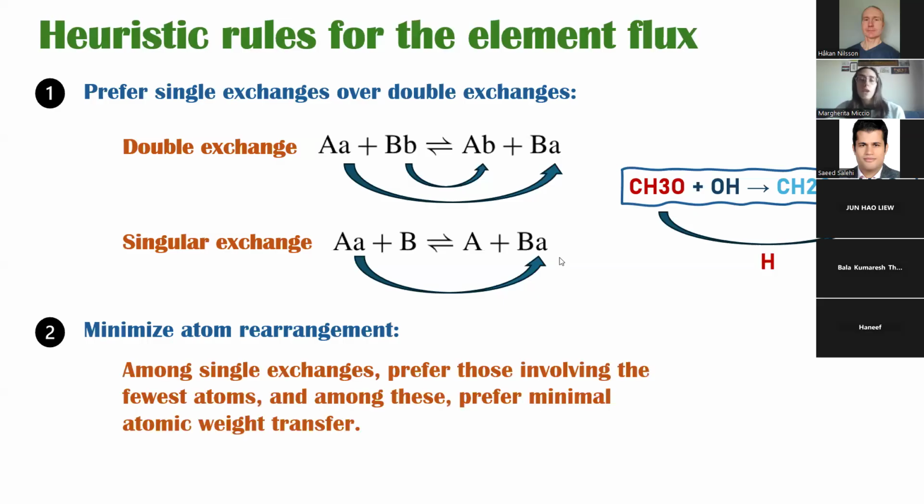If we have more possibilities of single exchanges, we always need to prefer those involving the fewest atoms, and among these always prefer minimal atomic weight transfer. And the third one is to try to preserve the carbon-oxygen bonds because those are usually the strongest.